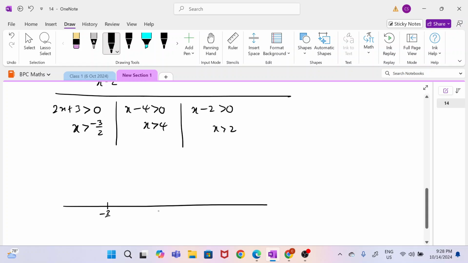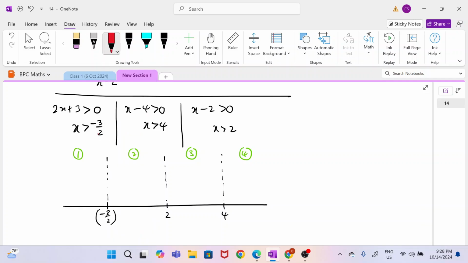Okay. -3/2. How many partitions do you have? 1, 2, 3, 4. 4 partitions.